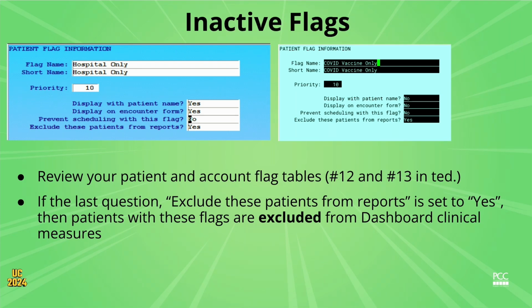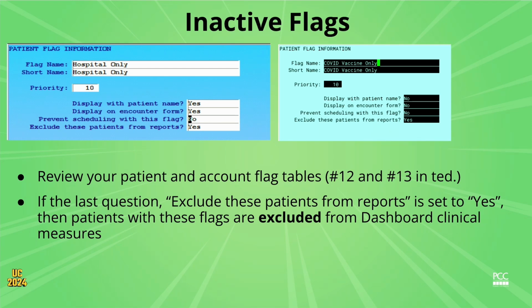One of the most common questions we get from practices early on when they start using PCC and getting into the dashboard is about overdue patients that show in the dashboard. Sometimes they're flagged and sometimes they show with a specific flag that indicates they're inactive. Just make sure that you have these flags set to be appropriately excluded. And it's this question at the end: exclude these patients from reports.